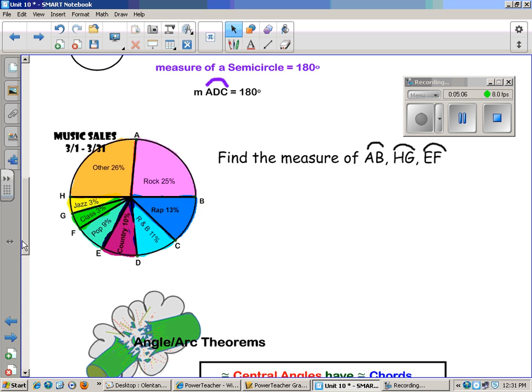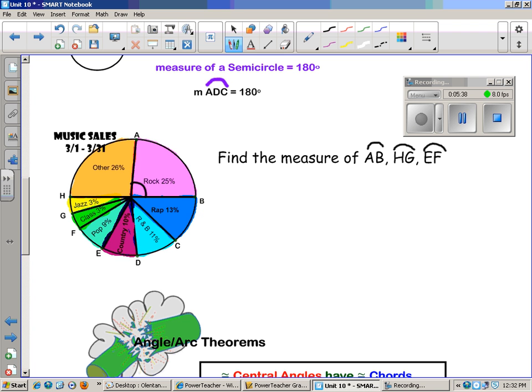Let's do a little bit of calculating here. This is a long time ago, back when they measured sales on CDs, because nowadays it's all downloads. I pulled up the sales for Virgin Records for a month, and 25% of their CD sales were rock albums.